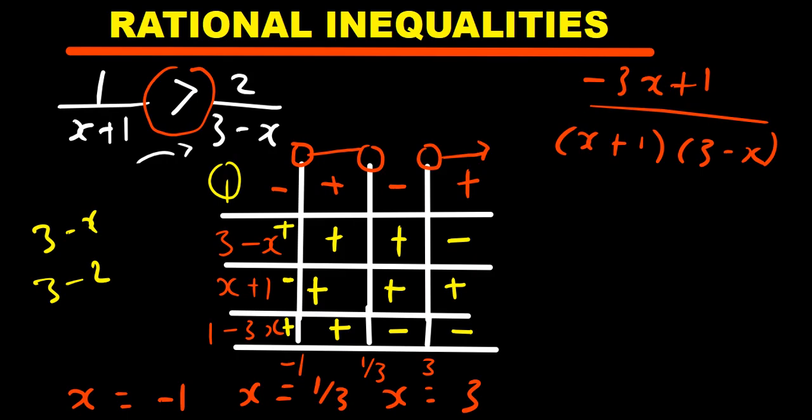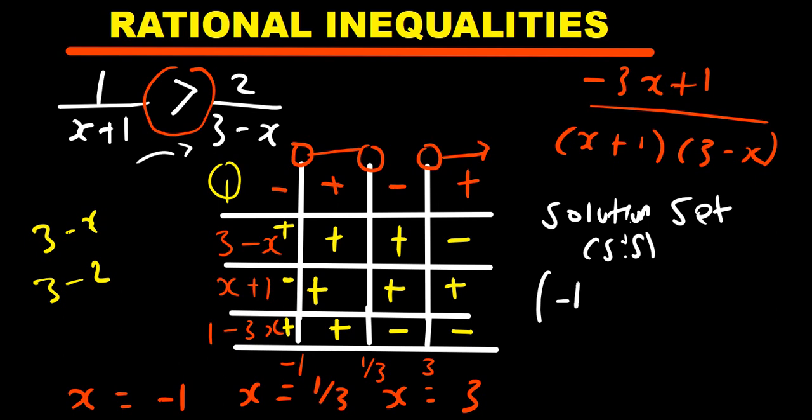This will be our first one, from here going in this direction, okay? So now what are we going to have? Therefore our solution set, let me just say SS. Our solution set in this case will be the values from -1. -1 is not included, so we'll put an open circle there. Then 1/3. 1/3 is also not included.